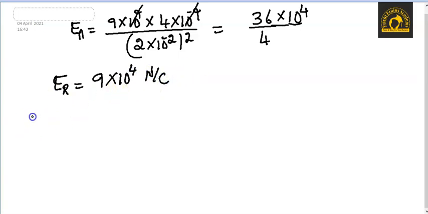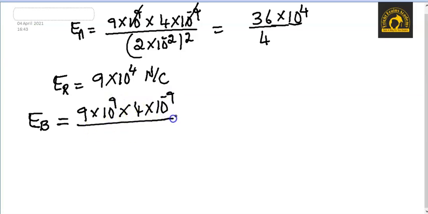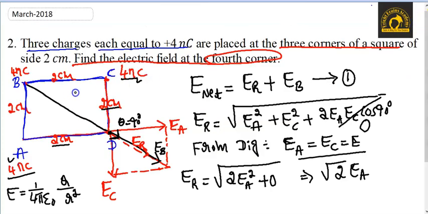So this is E resultant. Then the electric field due to B is 9 into 10 to the power of 9 into 4 into 10 to the power of minus 9, divided by the distance. Let's see the distance. BD square is equal to AD square plus AB square, that is 2 square plus 2 square, 4 plus 4, according to Pythagoras theorem.